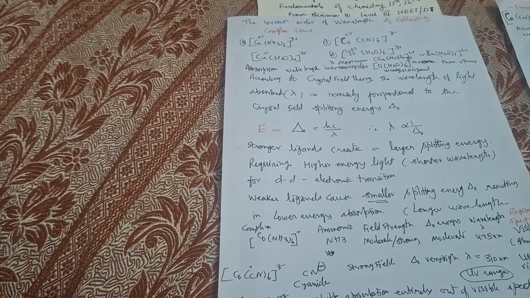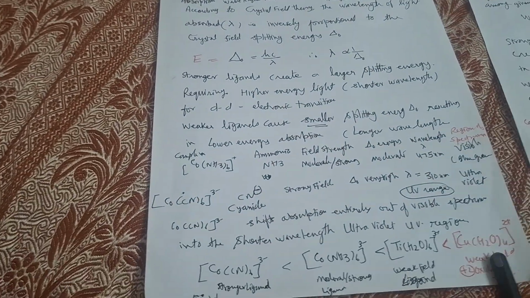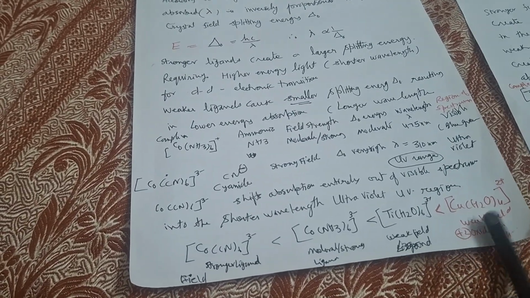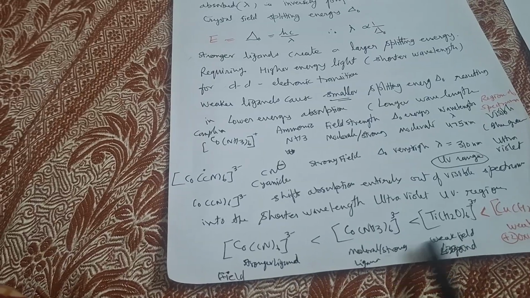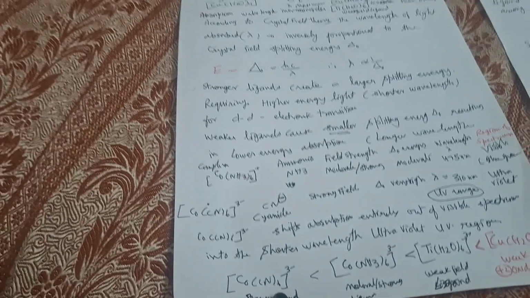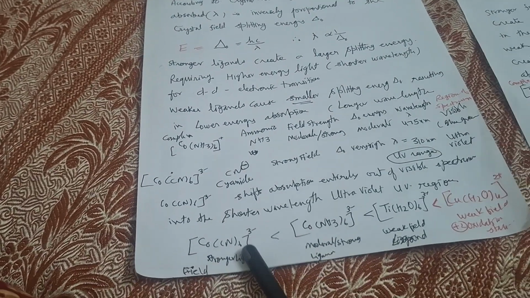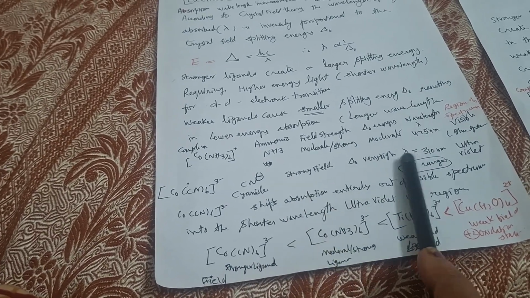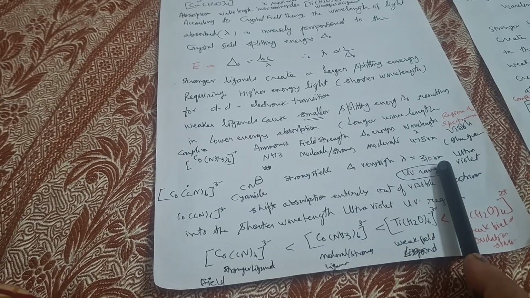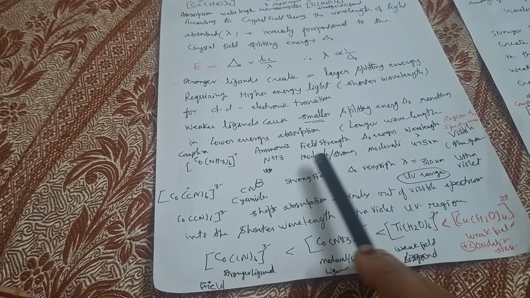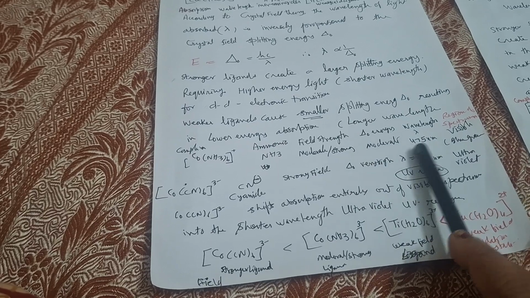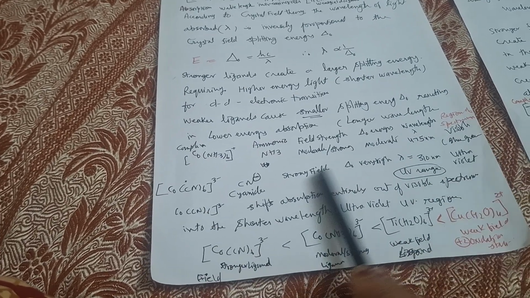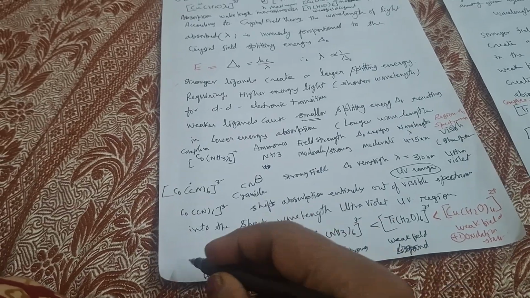Plus 2 oxidation state and weak field ligand both favor a longer wavelength as compared to the rest. Cobalt with a strong field ligand will have the least wavelength. Here, 310 nanometer for cyanide complex, cobalt with NH3 complex 475 nanometer. It falls in the visible region, and the cobalt cyanide is in the UV region.